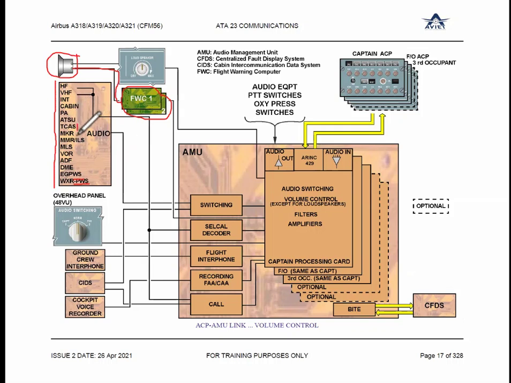Maybe TCAS, maybe VOR, maybe DME, maybe wind shear, so predictive wind shear, maybe HF or cabin interphone. Among these two, who has a priority? I don't know. Okay. Warnings. PWS. Right? Why I am explaining it here: the priorities are defined in audio management unit.